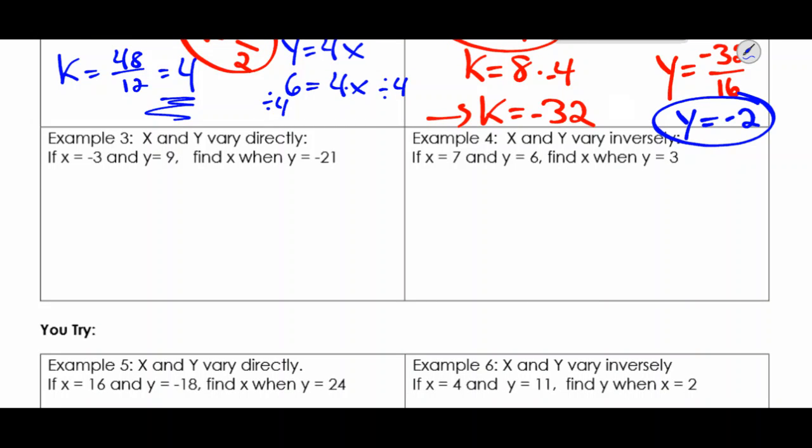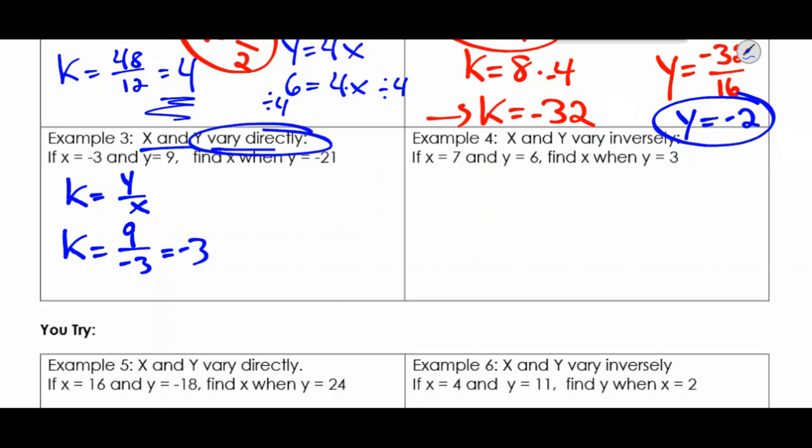On example 3, the x and the y, they vary directly, which means to find my constant, I'm just going to do y divided by x. So here my constant is 9 divided by negative 3, or negative 3. Now I use that in the direct variation equation, which is y equals kx, or negative 21 equals negative 3x, and now I'm trying to solve for x, which means I have to divide.